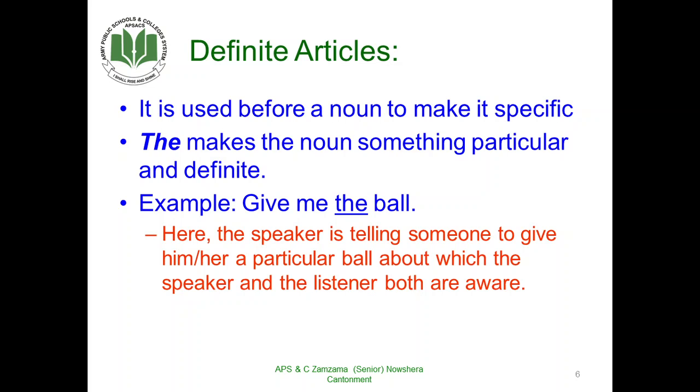The makes the noun something particular and definite. For example, give me the ball. Here the speaker is telling someone to give him or her a particular ball about which the listener and the speaker both are aware of.